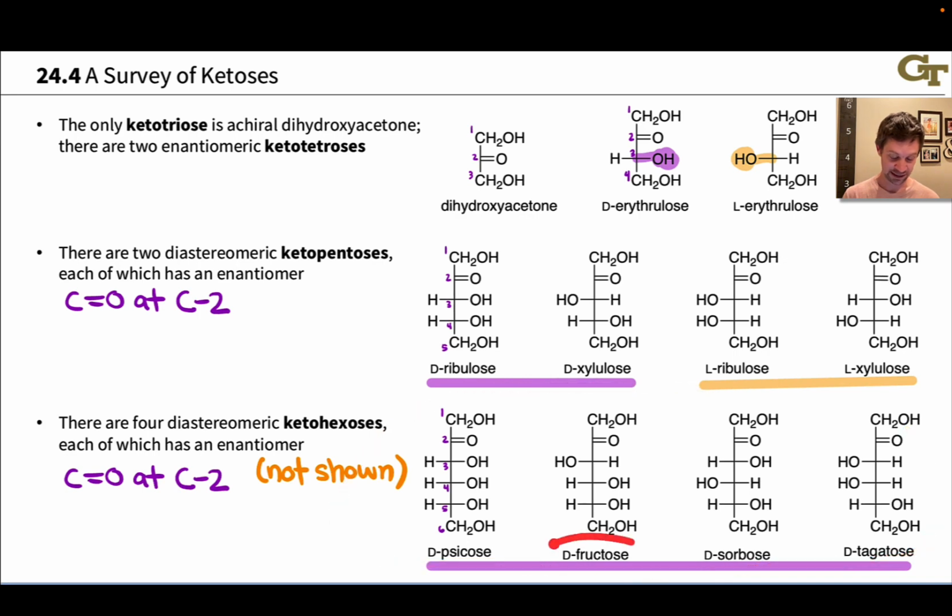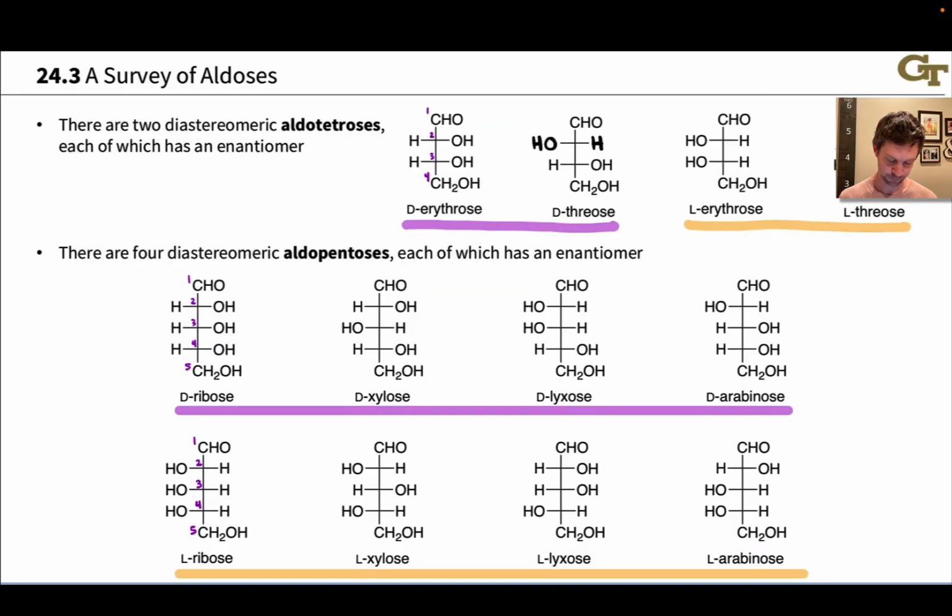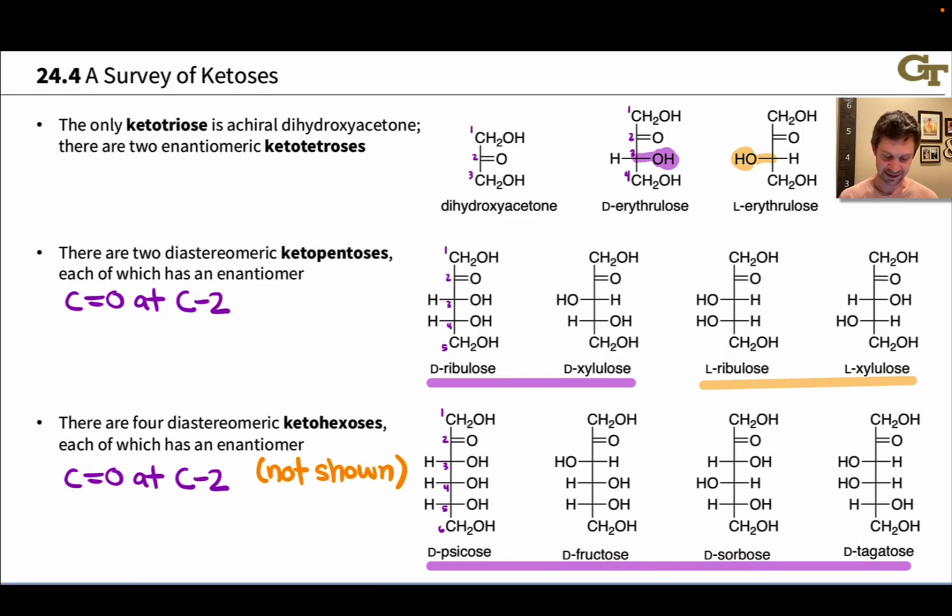We've got D-fructose, unquestionably the most important ketose, D-sorbose, D-tagatose, here hiding in the right, and D-psychose here. So I haven't drawn the 4 enantiomeric versions of these, but this is a good exercise to do on your own. Draw the 4 enantiomers of these ketohexose sugars at the bottom of the slide.